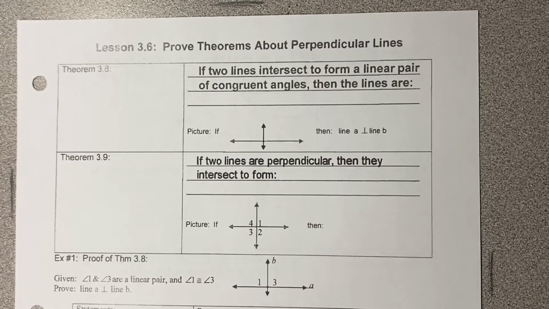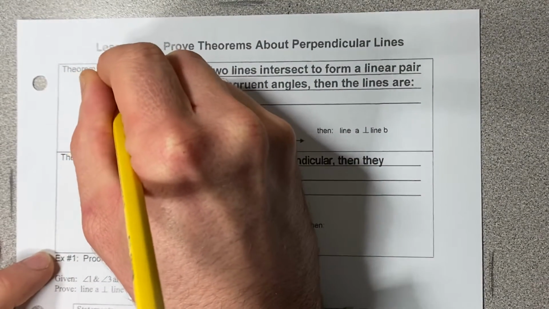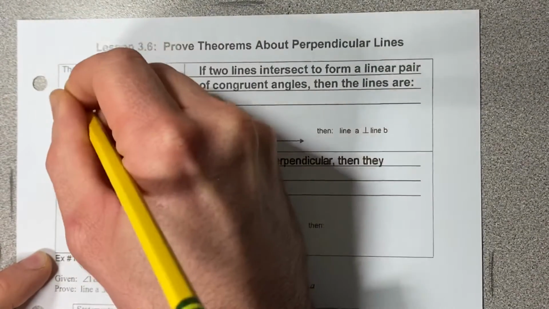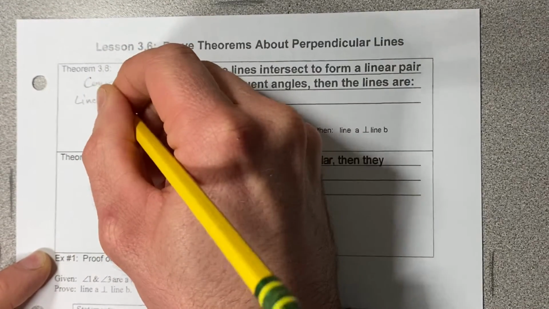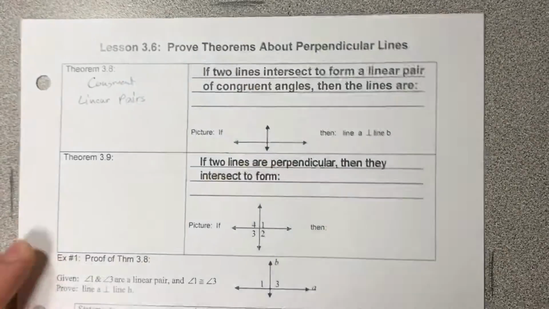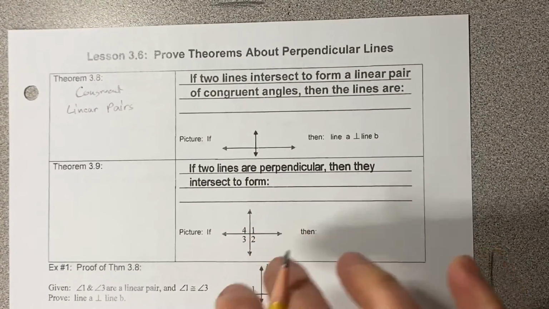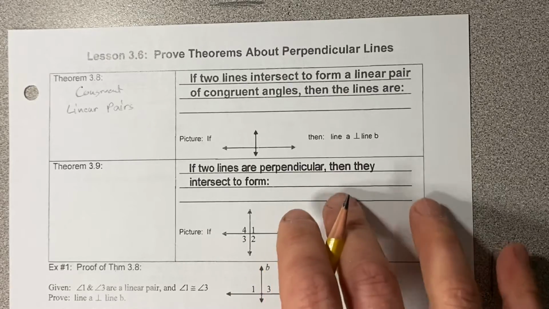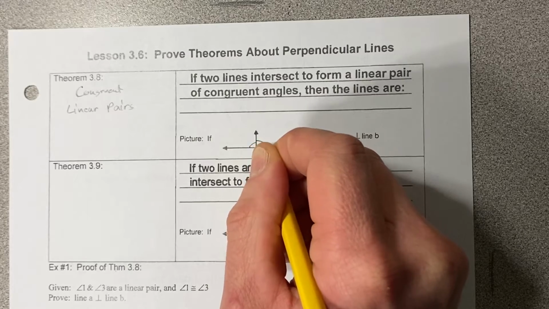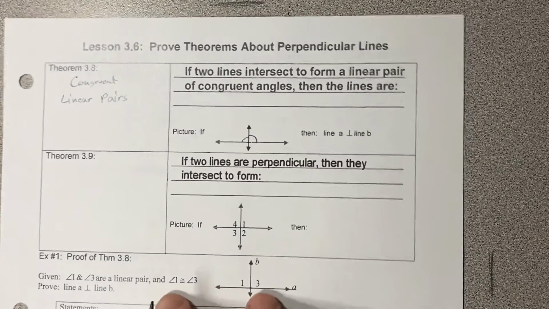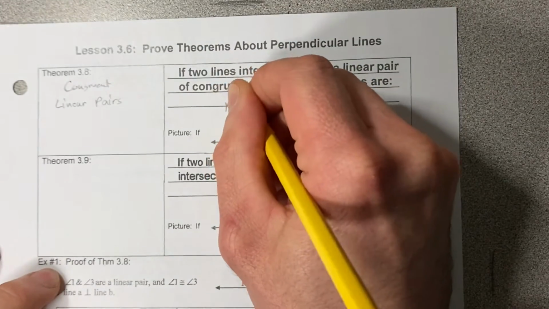The first one I'm going to call the congruent linear pairs theorem. And I just kind of made that name up. But it says if two lines intersect to form a linear pair of congruent angles, so linear pair, but then you know these are congruent, then the lines are perpendicular.